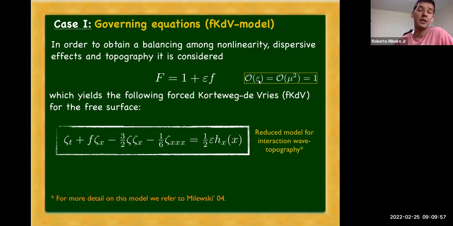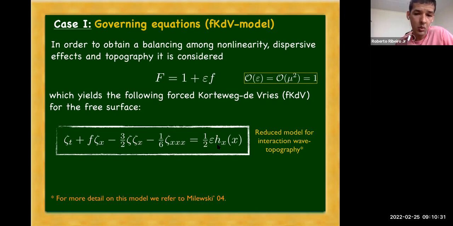We also assume that the parameter epsilon is of the same order as mu squared, and plugging all these assumptions into the governing equations and truncating all the equations at order 1, we obtain this equation for the dynamics of the free surface. This equation is known as the forced Korteweg-de Vries equation.